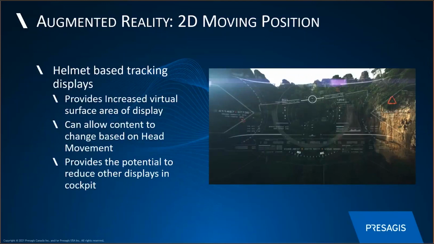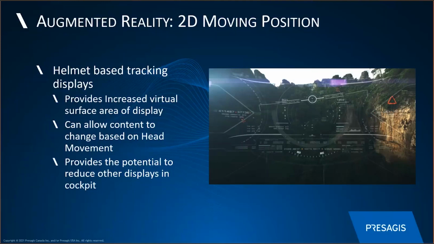This goes into more of the advanced vision topics we've brought up in the presentation. With helmet-based displays, we need to start tracking 2D information in the scene to know: is what we're highlighting relevant? Are we mapping it correctly to what the pilot is looking at right now? If the pilot turns his head, is there different information we need to display to be more relevant to what the pilot is currently doing?